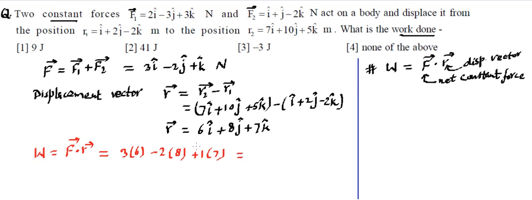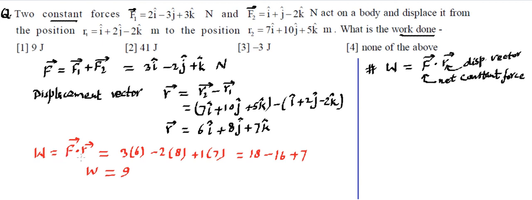So 6 into 3 is 18, minus 8 into 2 is 16, plus 7. This gives us the final answer. 18 minus 16 is 2, 2 plus 7 is 9. So it becomes 9. And in unit and dimension, you might have understood that it will come as force unit times displacement unit.